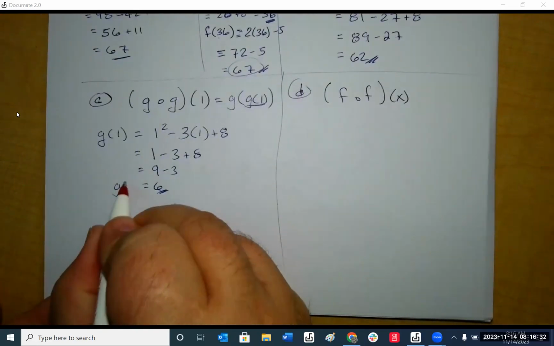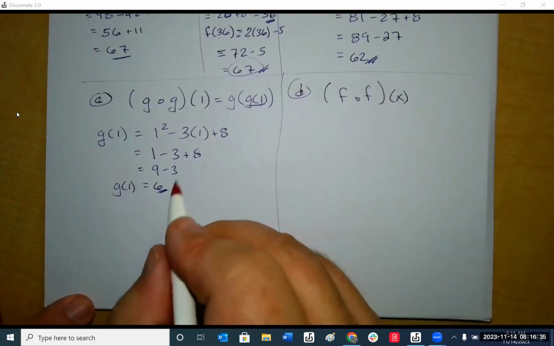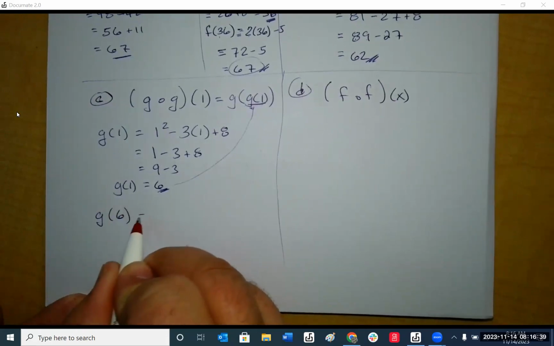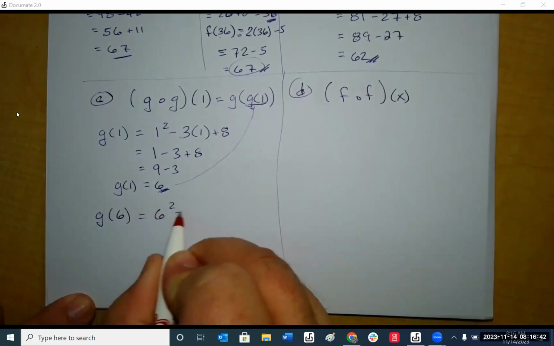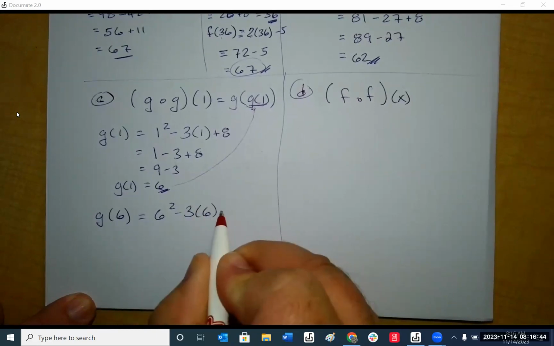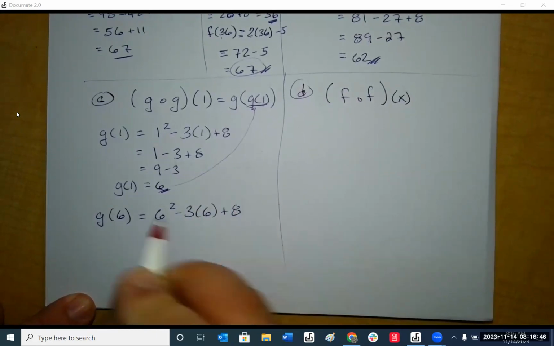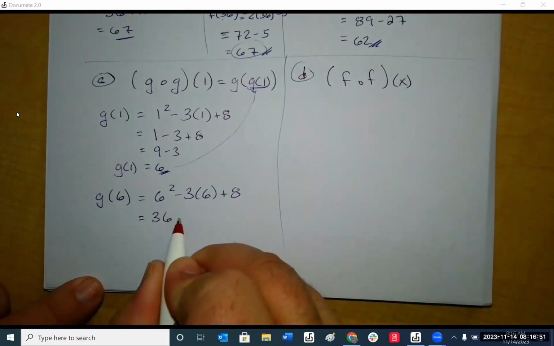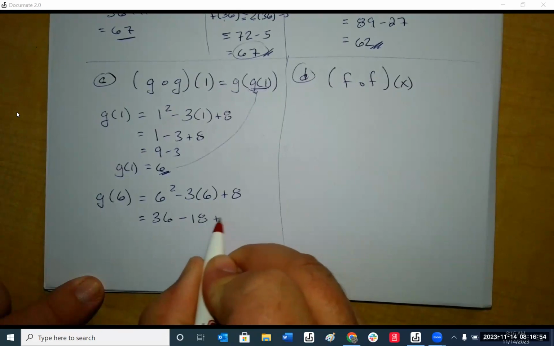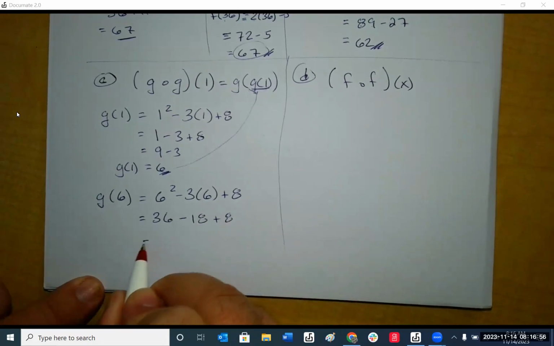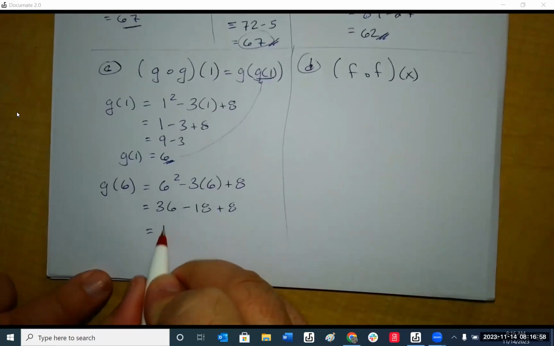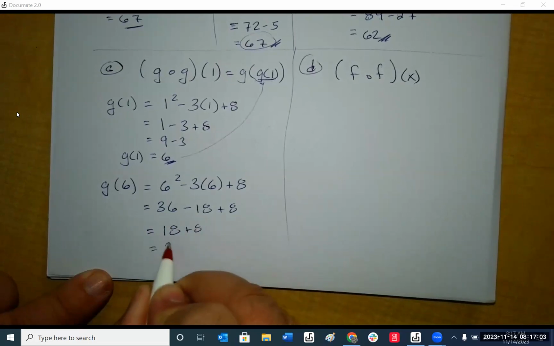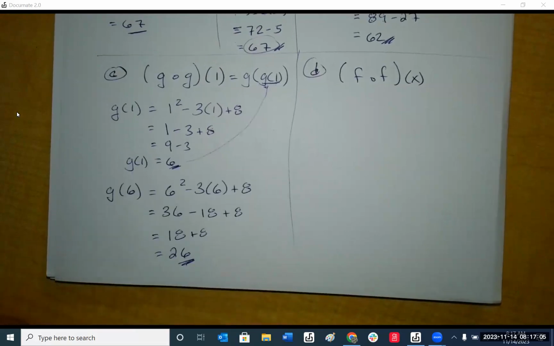So that's g of 1. I plug that inside here. So now I have g of 6, which is 6 squared minus 3 times 6 plus 8. 36 minus 18 is 18, plus 8 is 26. So there's your final answer.